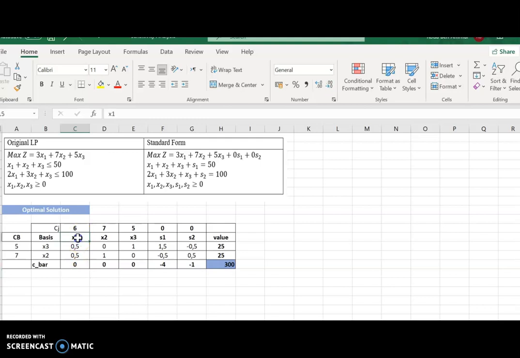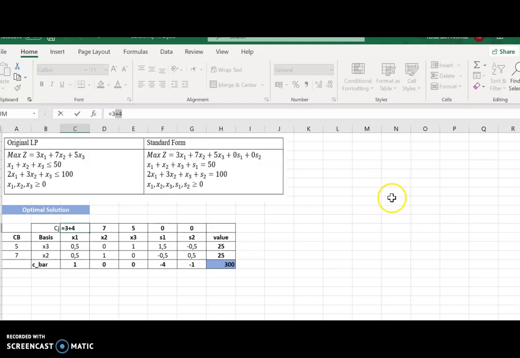So x1 could as well enter the basis. Let's increase it beyond 6. Here we have 1. So now we no longer have an optimal solution. We would have to enter x1 into the basis and continue to the next simplex tableau.